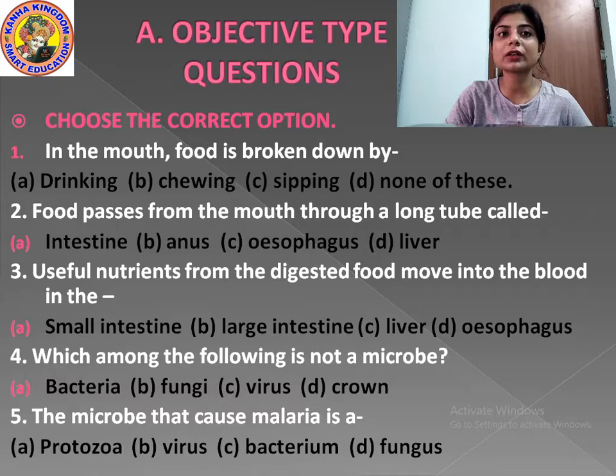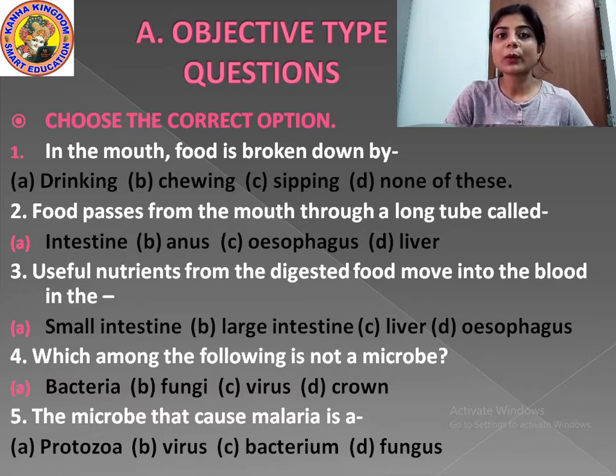Where do the useful nutrients from the digested food move into the blood? It is in the small intestine. Yes or no? In the small intestine, the nutrients are absorbed by the blood and carried throughout the body. Okay, so the answer is A. That is small intestine.